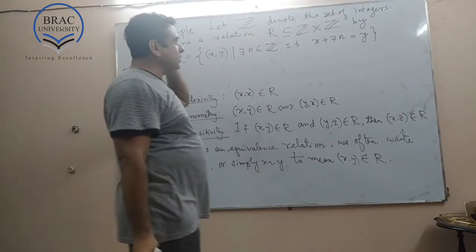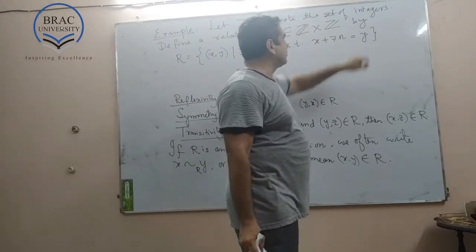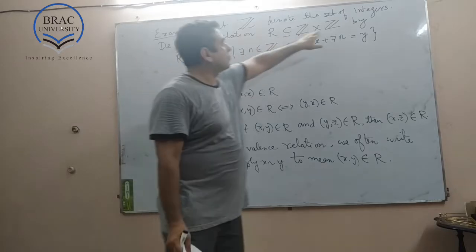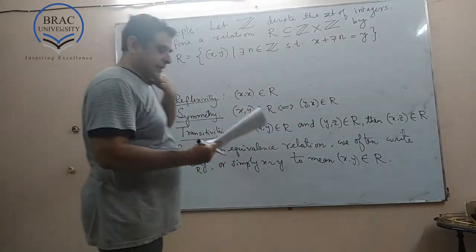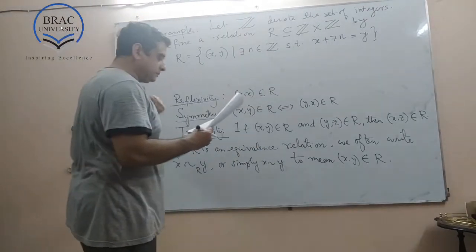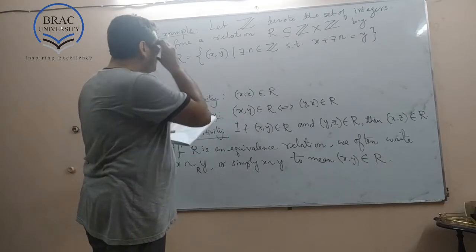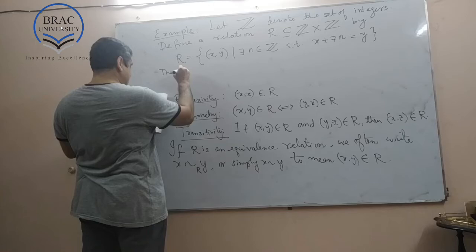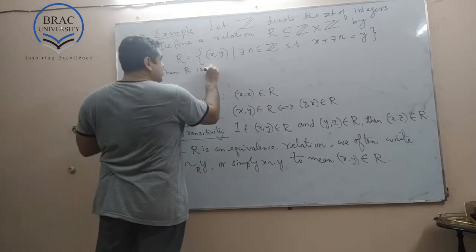If this happens to be the case between x and y, we'll say that (x, y) is in this subset of Z cross Z. Is it an equivalence relation? Now the question is, so I'm going to prove that R is an equivalence relation.